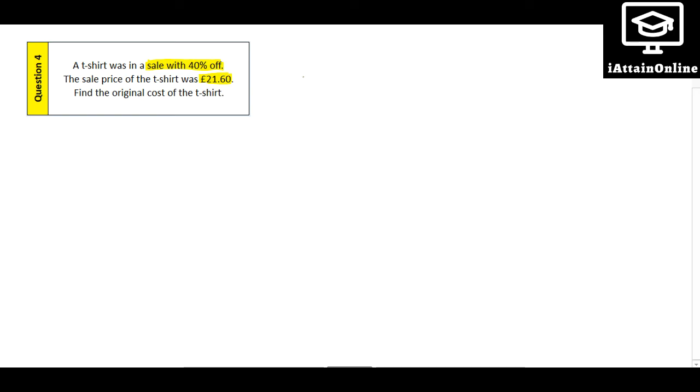The first thing you're going to need to do is think, what percentage of the original amount do I have? The original amount was 100%. This time it has been decreased by 40%.